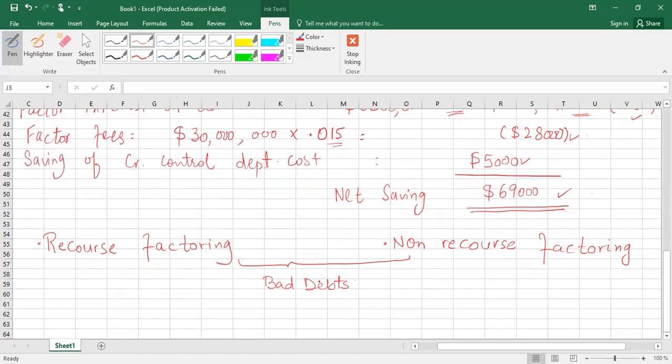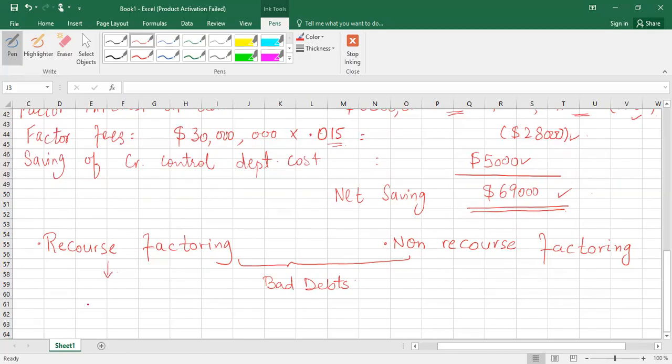In one type, factor company is going to take the responsibility of the bad debts, and in the other type, factor company is not going to take the responsibility of the bad debts. Which one where factor company is responsible and which one where factor company is not responsible?